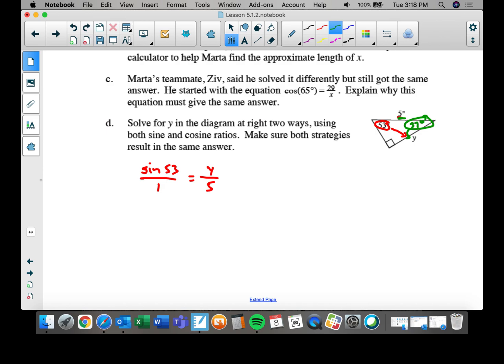But adjacent and hypotenuse deal with cosine. So the cosine of 37 over 1 would equal the adjacent leg over the hypotenuse. And if you solved that one, regardless of which way you solve this, you would end up with the exact same answer either way. Okay? And that's what they wanted you to start to see in that portion.